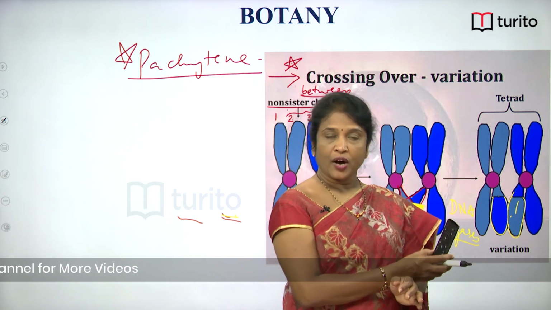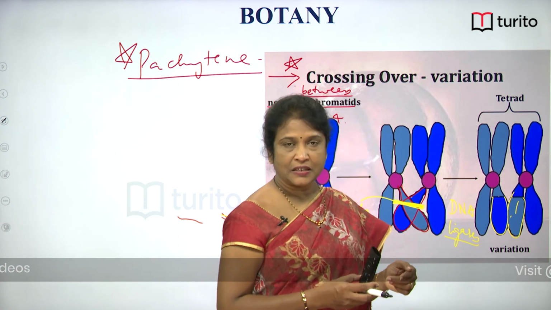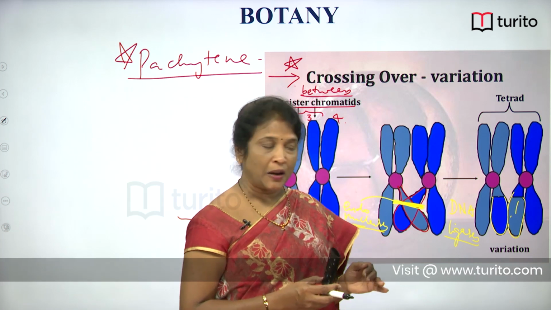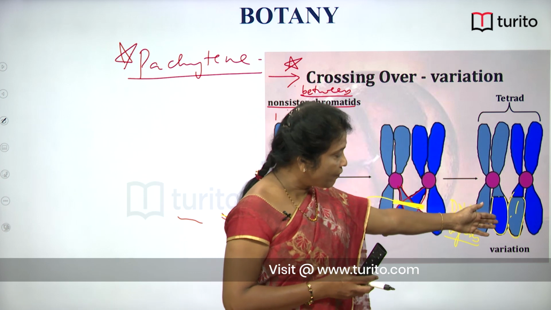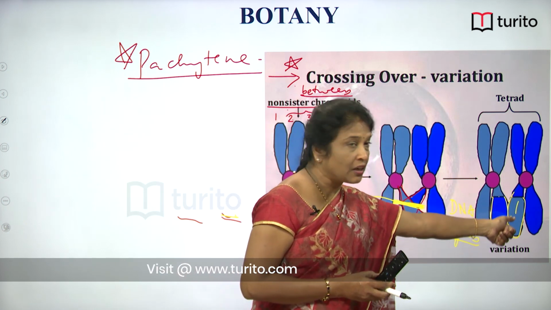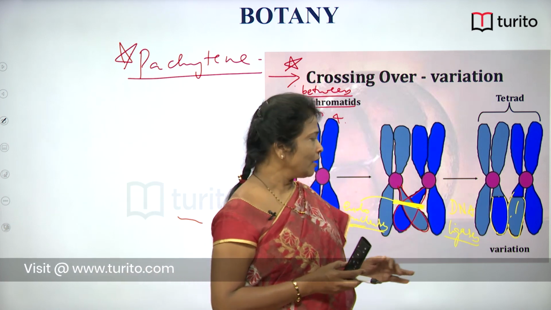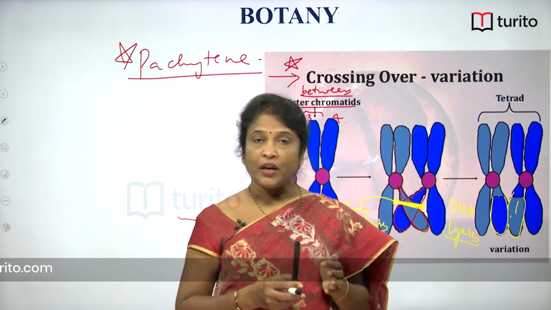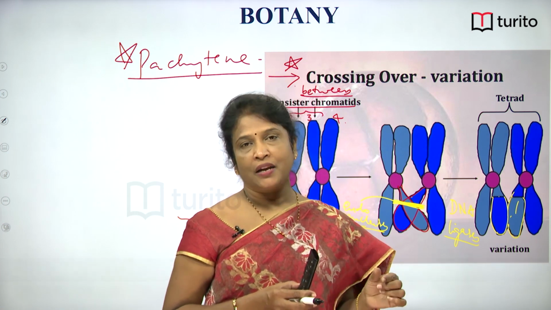Later they are rejoined, but at the time of rejoining with the help of ligases, exchange of chromatid segments takes place. Due to exchange of chromatid segments, here we can follow the new segments of the non-sister chromatids. Okay. So, now exchange of chromatid segments occurs between two non-sister chromatids within the bivalent.